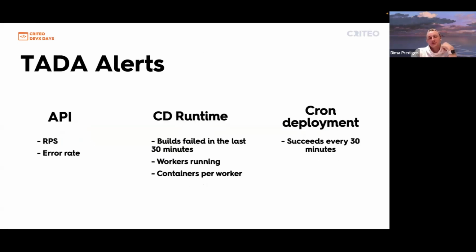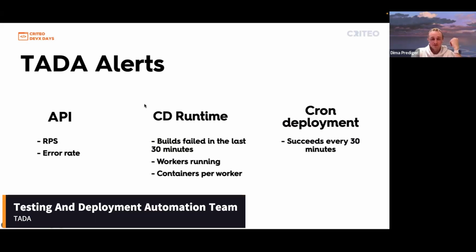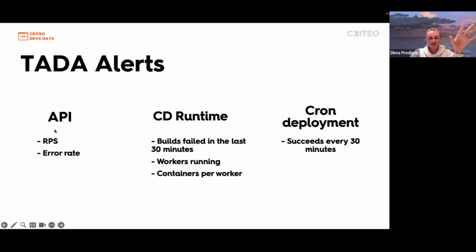Now that we have a couple of examples, let's try and map them to our alerts. Well, we do have an API, so we've decided to add RPS and error rate to make sure that the API is alive and healthy. We also have a cron that deploys a canary application every 30 minutes, and we track that we have a success every 30 minutes.